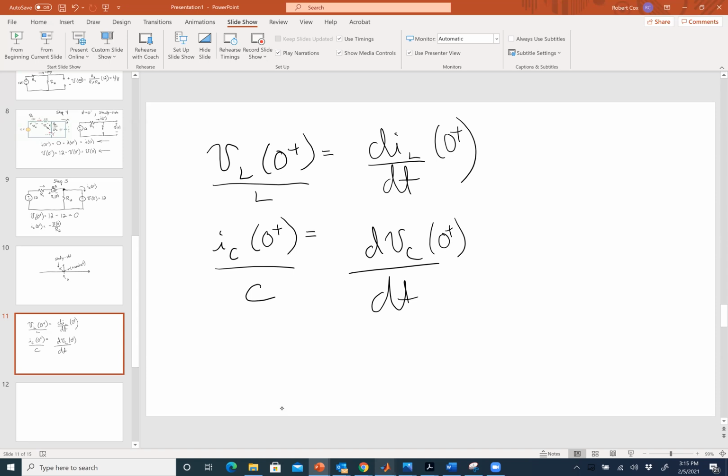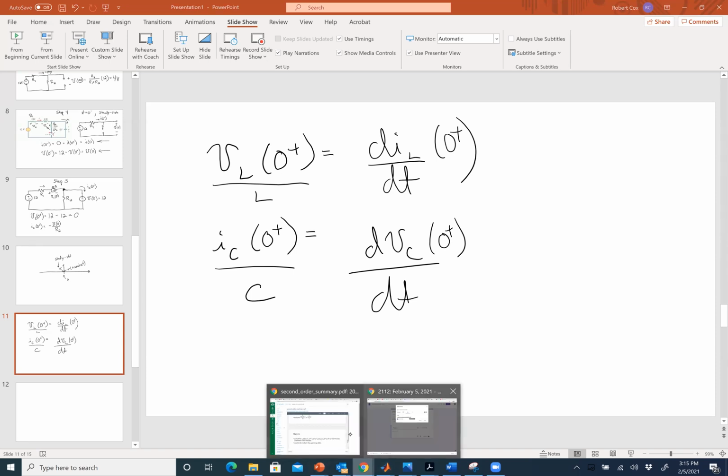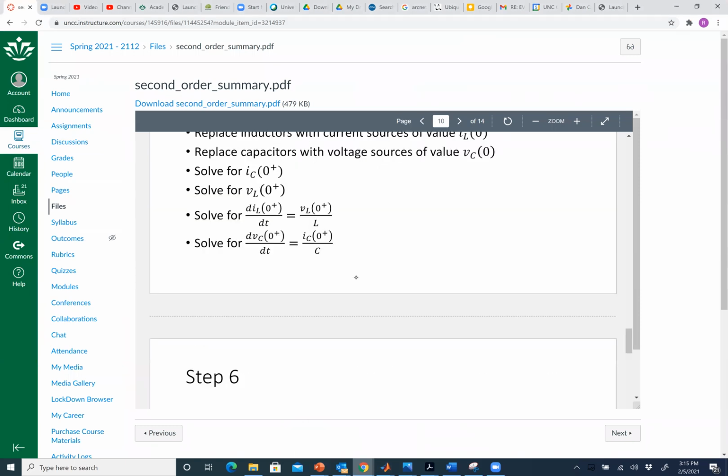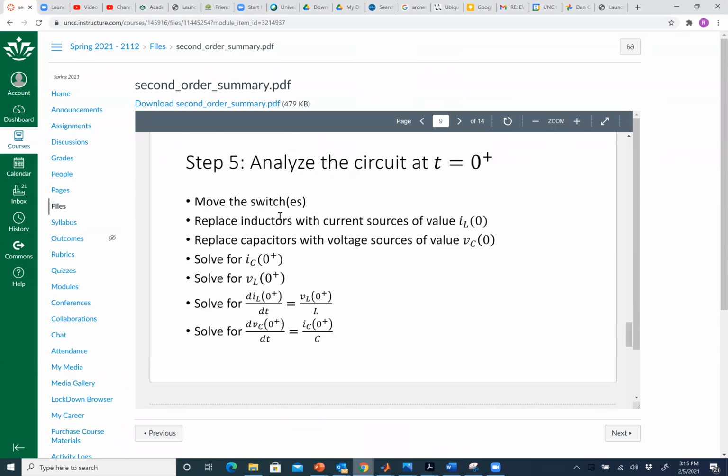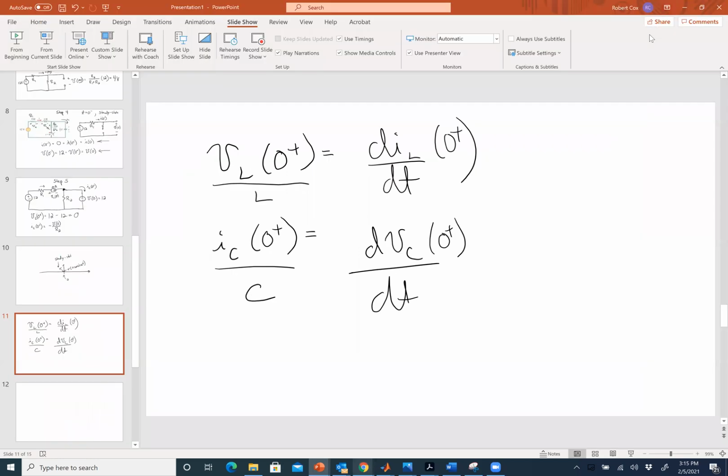All right. And in that summary that I created and was showing you earlier, I put in the steps. I move the switches, replace the inductors and the capacitors with current and voltage sources, find these values, and then solve for these values. So there are the steps basically that you need to take for that.